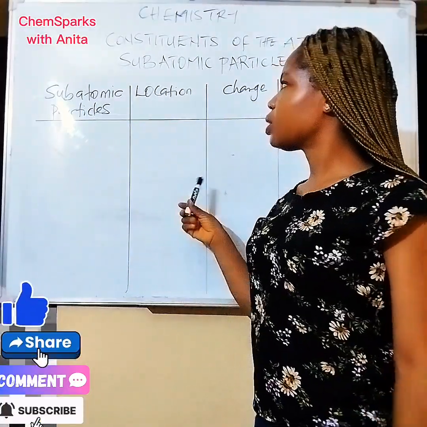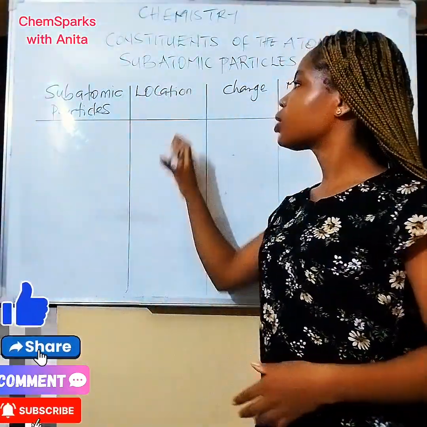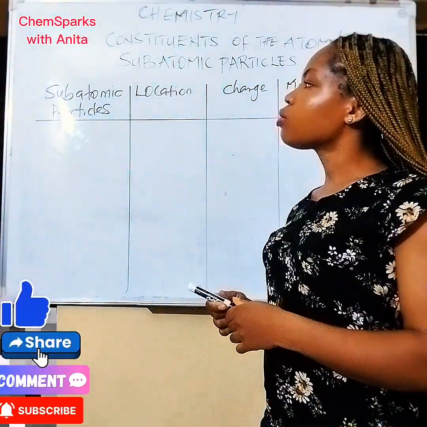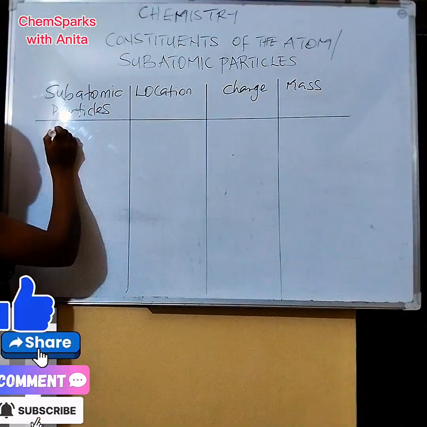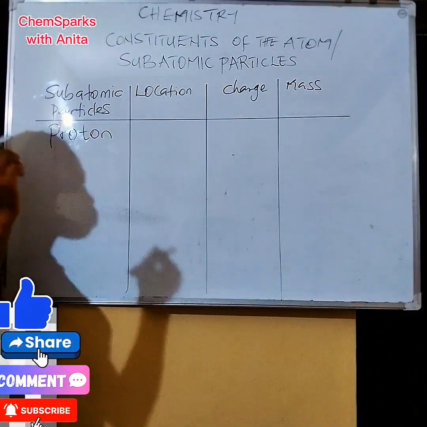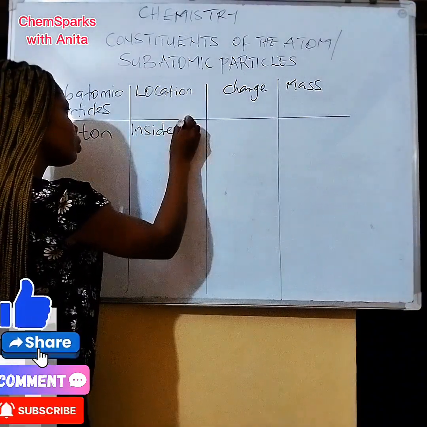We have a table on the board. So I'll be writing the subatomic particles, their location, charge, and their masses. So for the first one, we have proton. The proton is located where? Inside the nucleus.